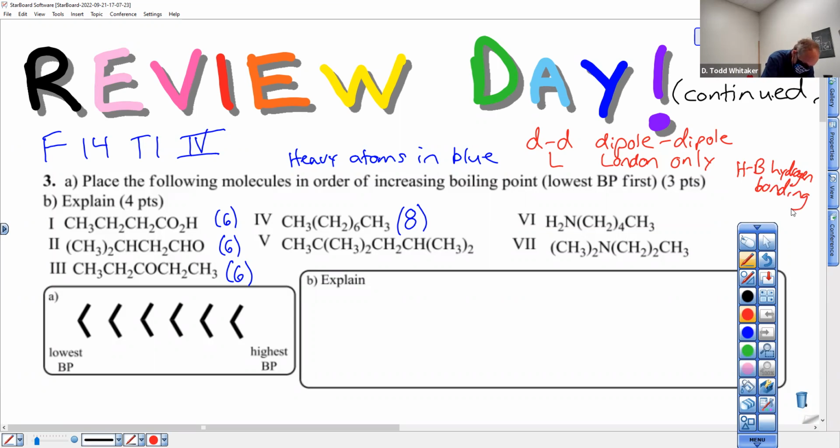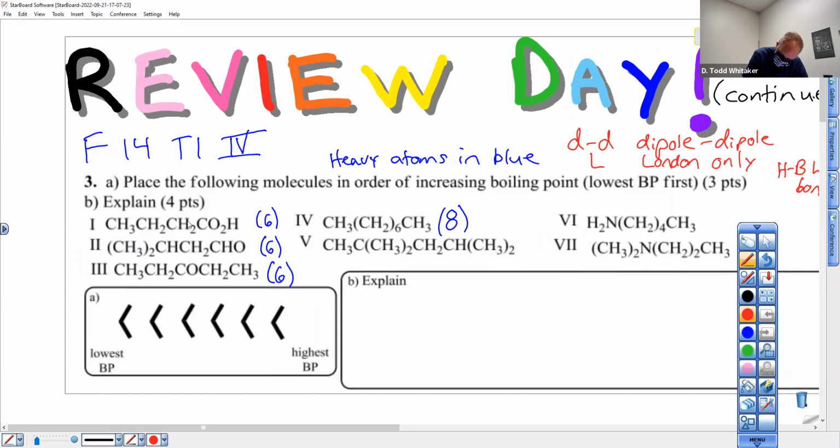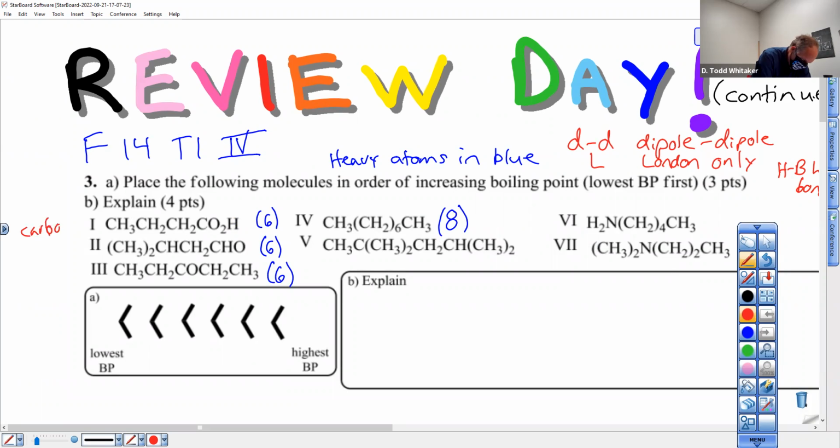So this is a carboxylic acid. Anybody know what the second one is? Yeah. Aldehyde. Can I just go ald? No, I better go aldehyde.